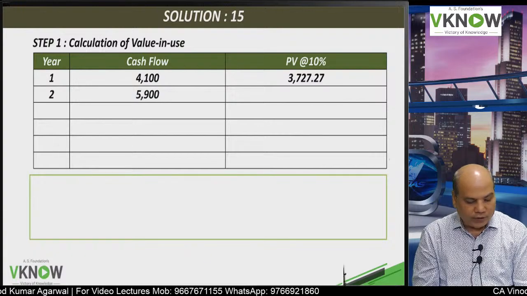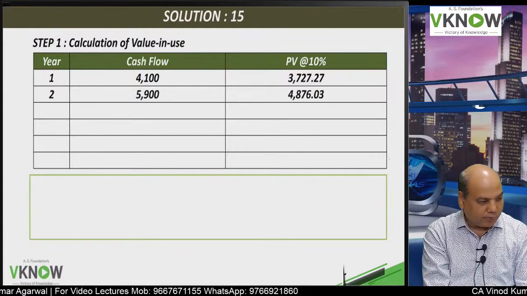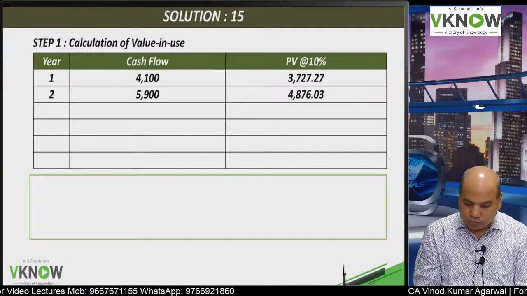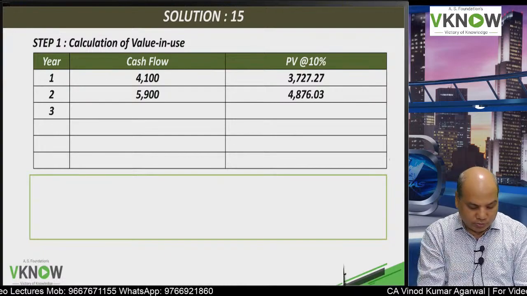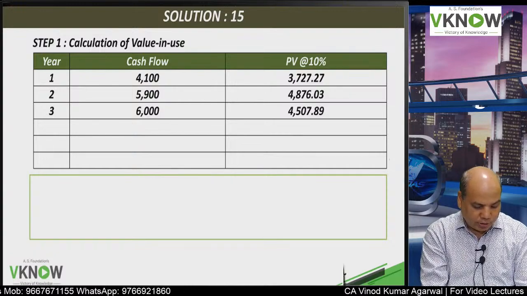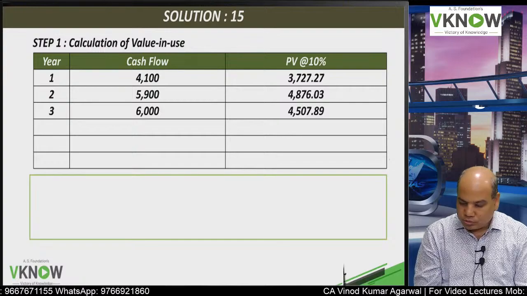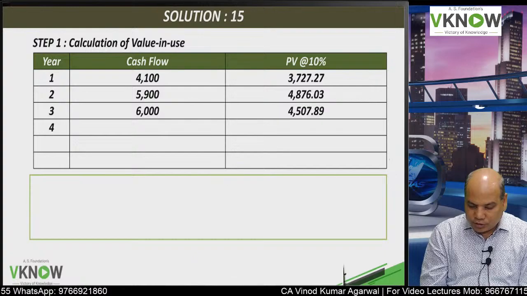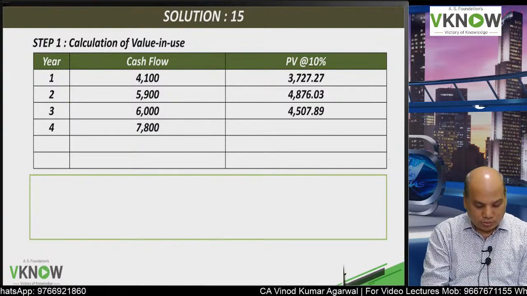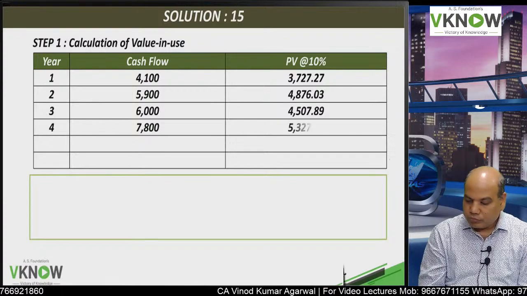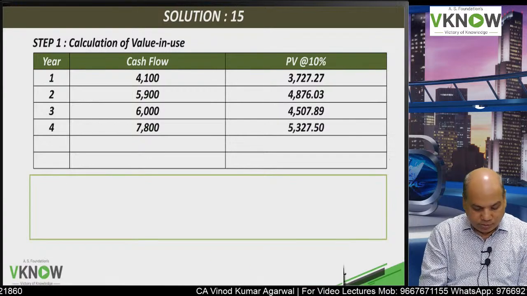Second year 5900 divided by 1.10, 2 times, equal to 4876.03, memory plus. Third year 6000 divided by 1.10, 3 times, equal to 4507, memory plus. Fourth year 7800 divided by 1.10, 4 times, equal to 5327.50, memory plus.